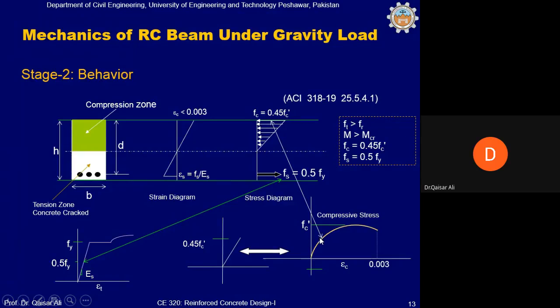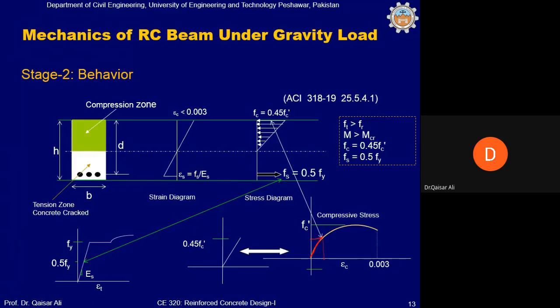So we are just entering the non-linear range, but we can still assume with quite good accuracy that up to 0.5 f'c, the stress and strains are still proportional in concrete on the compression side. After this, the proportionality will still be there, but it will not be linear.